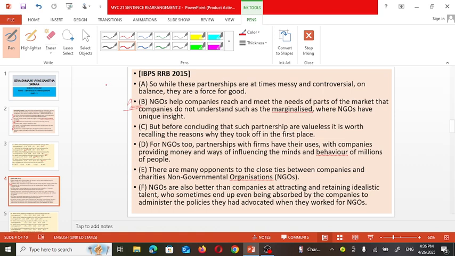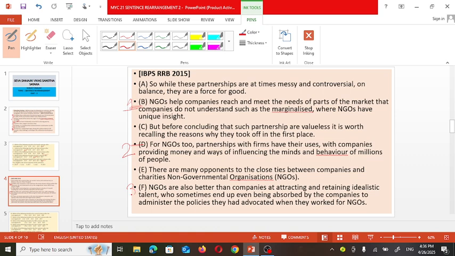Now, which statement can be the second? So option D. See here, for NGOs, partnerships with firms have their uses, with the companies providing money and ways of influencing the minds and behavior of millions of people. So option D can be the second one. Now which statement supports this D statement?